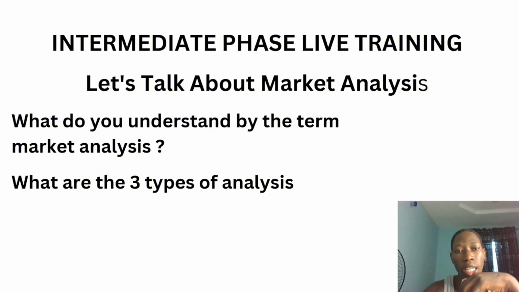Now, you must understand that I talked about market analysis. What do you understand by the term market analysis, and what are the types of market analysis? First off, before we talk about the types of market analysis, which are actually three, let's talk about the term market analysis, what it means. So market analysis simply means gathering of information, gathering of data about the market.